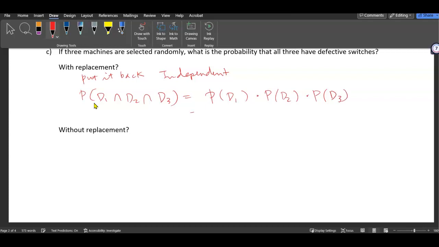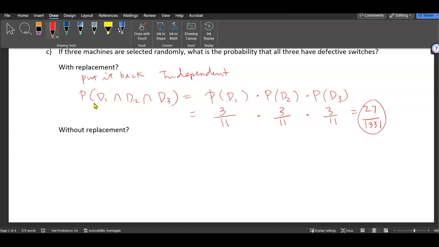Because we always put it back, it's still 3 defective and 11 total machines. The total sample space doesn't change, right? And so you're going to get 27 out of, I believe it's 1331. And I don't think that reduces. So that will be our final answer for that.